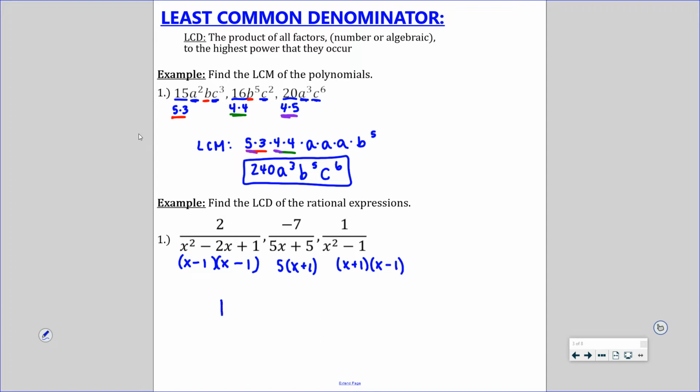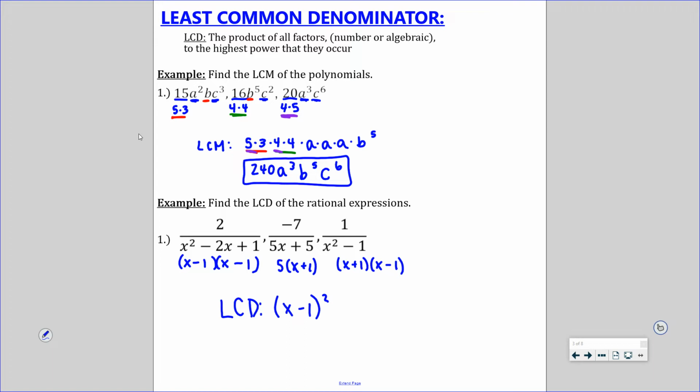Okay, so to find my LCD, all my factors have to be represented in my LCD, and I want to share as many factors as I can, just like I did with the numbers up here. I start with my first fraction, and I see this one has 2 factors of x minus 1. So I'm going to have 2 factors of x minus 1 in my LCD, and if you want to write it like this, you can.